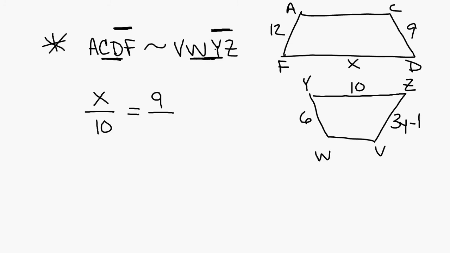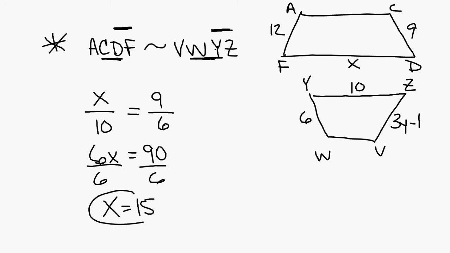So what we just did is we took a similarity statement and we wrote a proportion. Yesterday you solved these proportions, and you're going to do the same thing today. So you take 6 times x, which is 6x, and make it equal to 10 times 9, which is 90. If you divide both sides by 6, then x is equal to 15. Make sense?